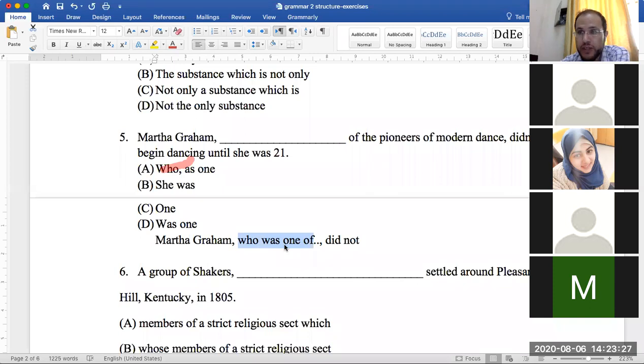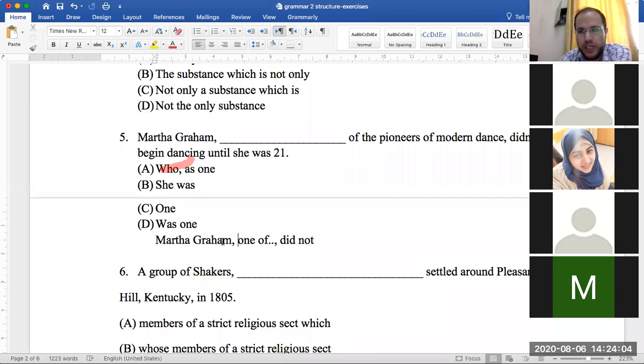Now, this clause can be turned into a phrase by deleting the subject and the verb to be. The subject is who, and the verb here is was. So it becomes Martha Graham, one of the pioneers of modern dance, did not begin dancing, etc. And this is when you say, for example, Donald Trump, who is the president of the United States, is dumb. You could say Donald Trump, the president of the United States.